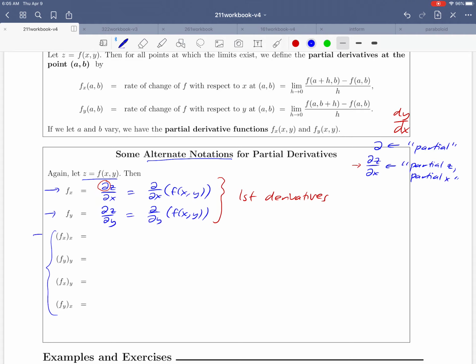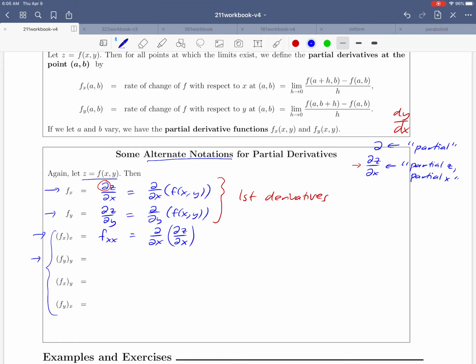So if we start with the first line here, fxx, it's like we're starting with the derivative with respect to x, and we're going to take the derivative again with respect to x. So we could write that as just fxx if we wanted to. And that's just like saying we're going to start with the partial derivative of z with respect to x, and we're going to take its derivative one more time with respect to x.